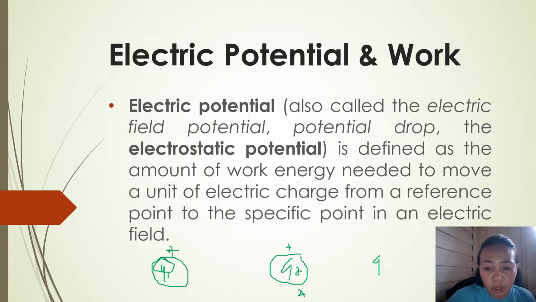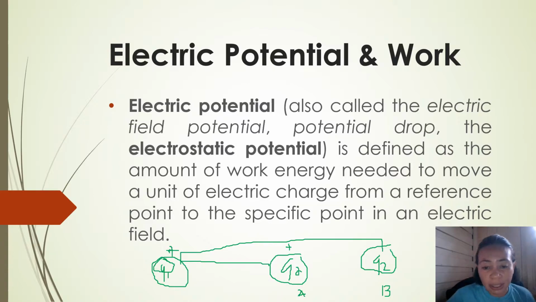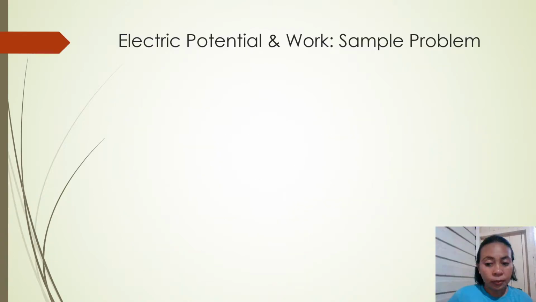This is still Q2, but now it is at point B, because it has moved. You have this distance here, and this distance here. There's a repulsive force, so it moved away from Q1, and you have a new location. Let's have more examples later.